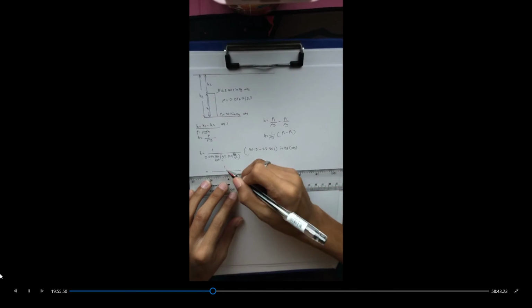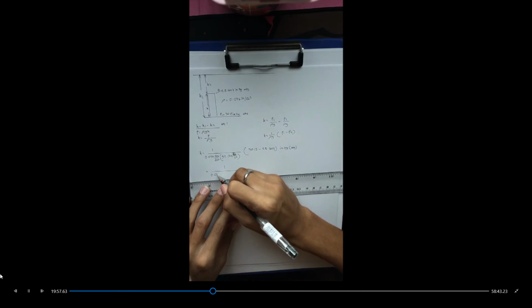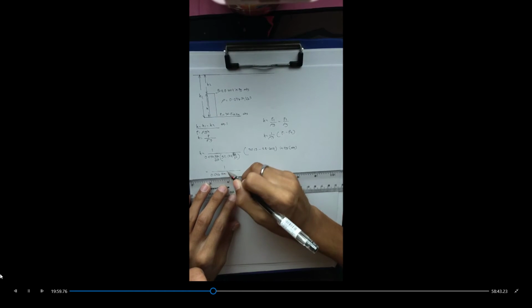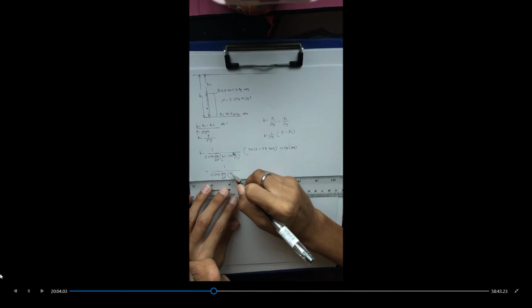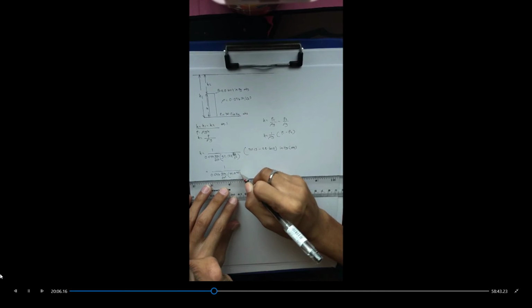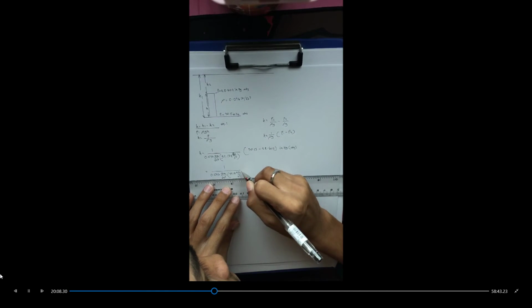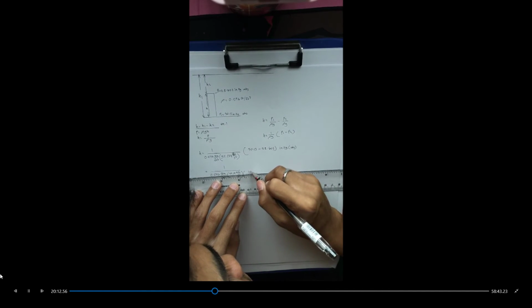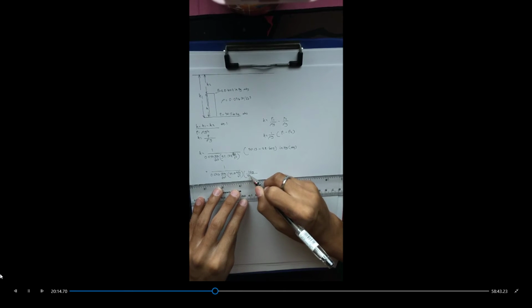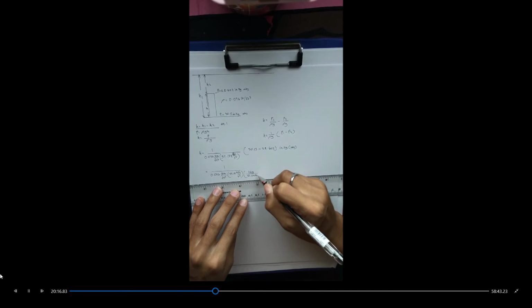So 1 here at top, 0.076 pound mass per cubic feet times 32.174 feet per second squared, and then converting pound mass to slug. So 1 slug is equivalent to 32.174 pound mass.